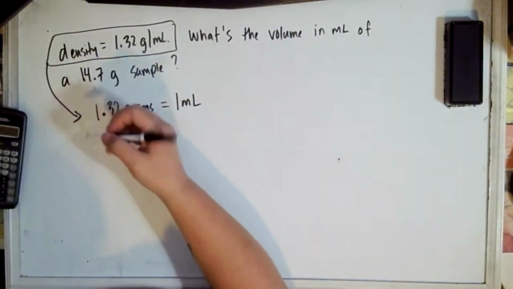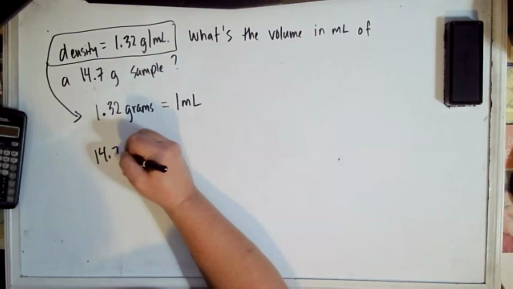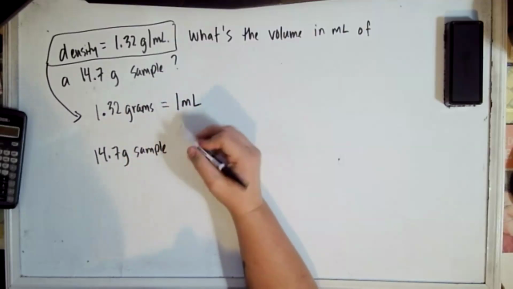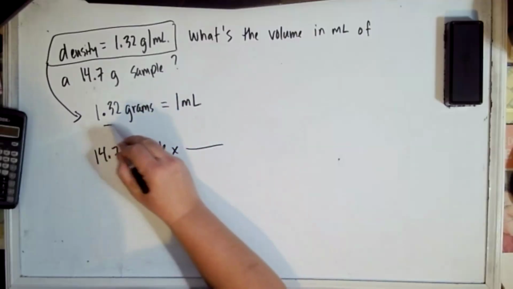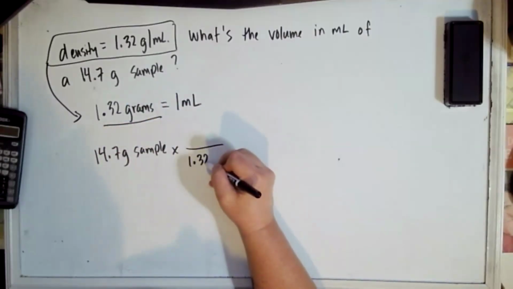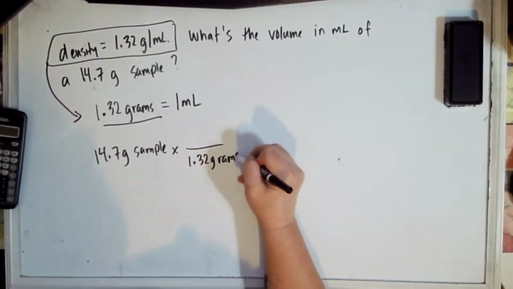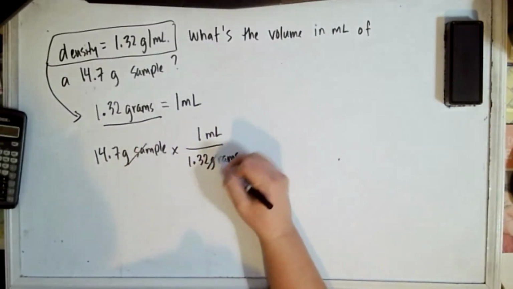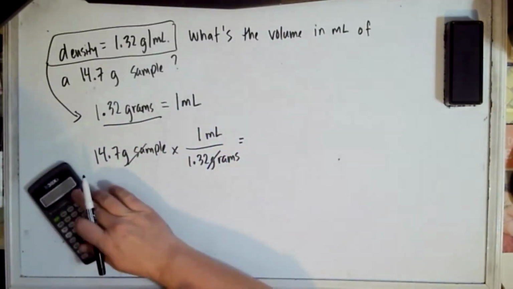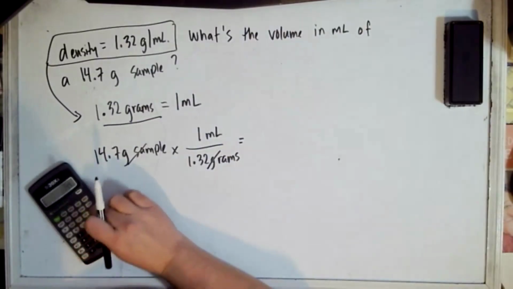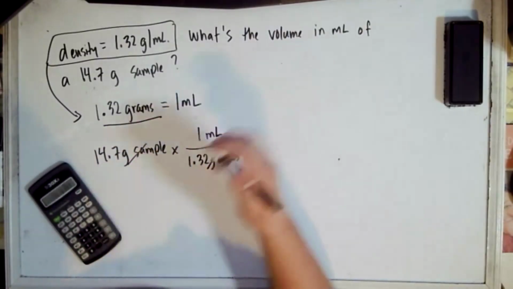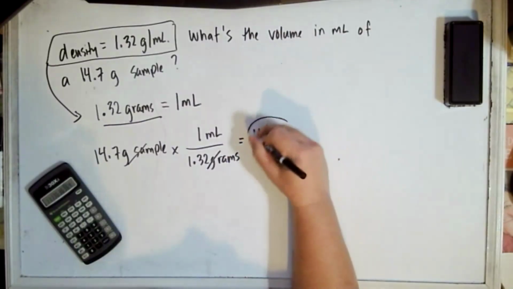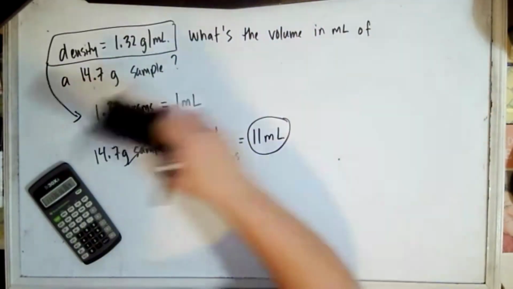So if you have 14.7 grams in your sample, you know that every 1.32 grams is going to be 1 milliliter of space, which gives you a final volume of 11 milliliters.